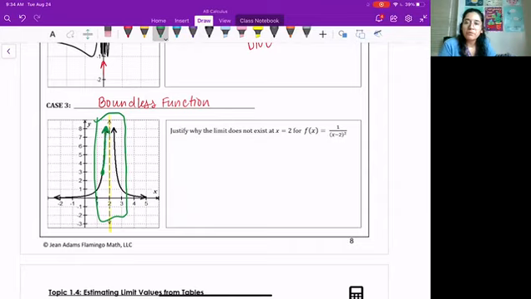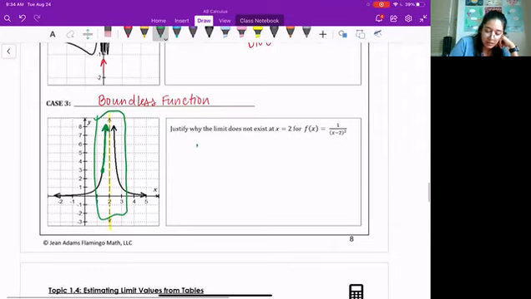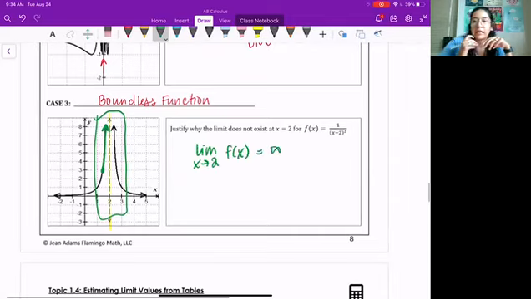But a limit always asks, what y value am I approaching? Well, I know I'm approaching infinity. Same on the right. So I can say the limit as x approaches 2 is infinity. I'm going up to infinity on the left and on the right. They agree, they're going the same way.